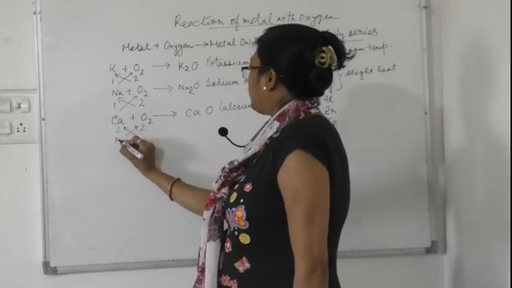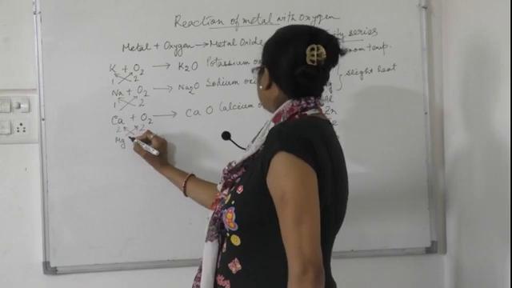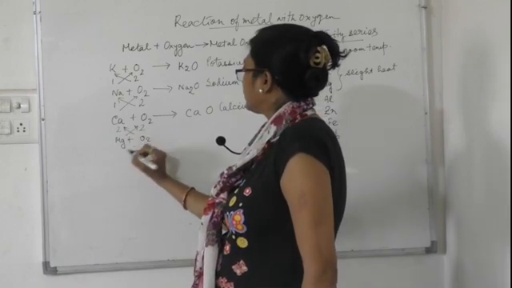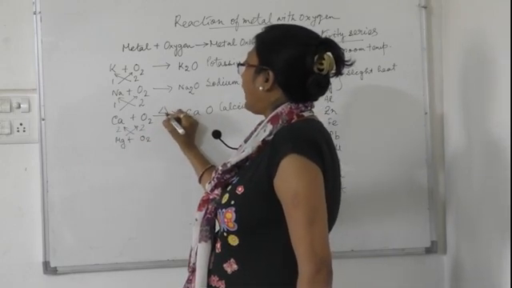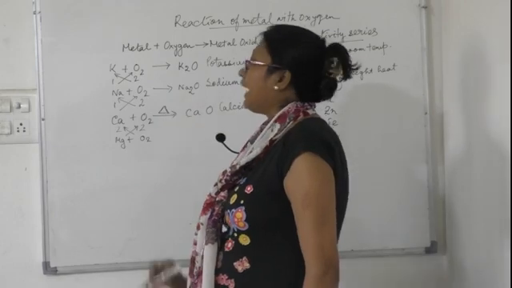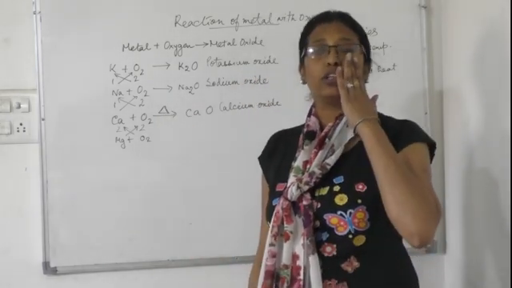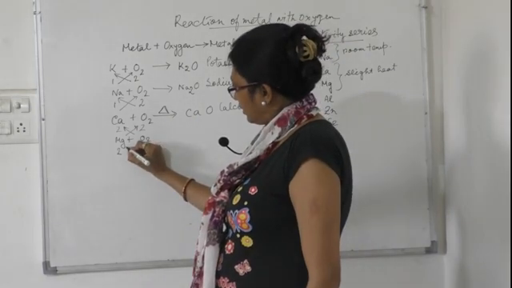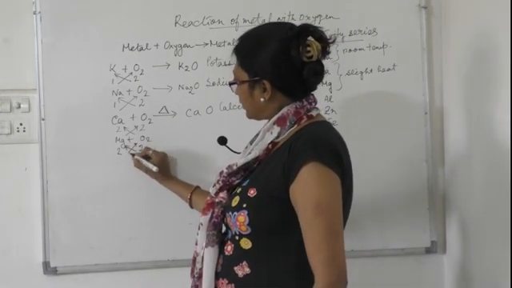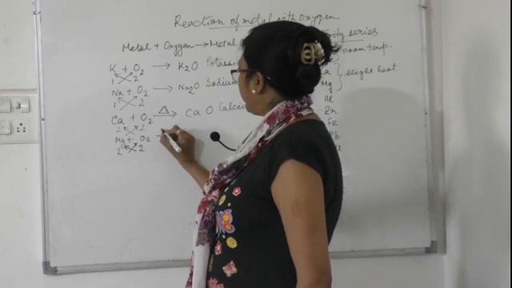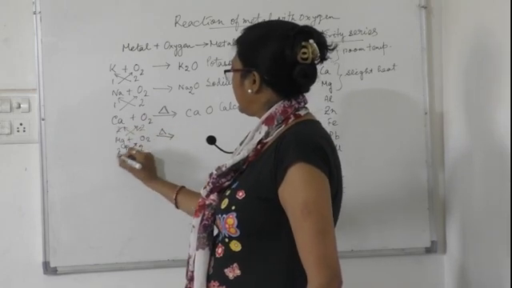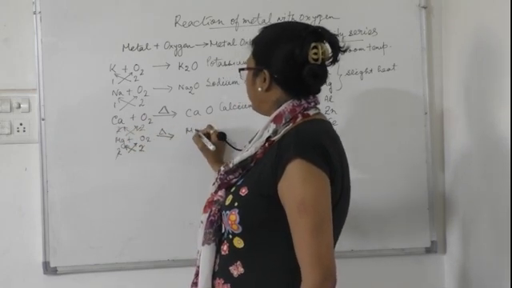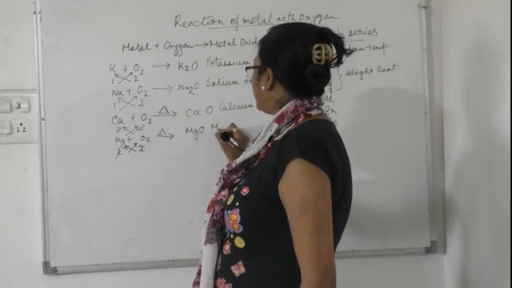And magnesium also needs heat. That is why I am giving the triangle. Triangle is denoting the heat. Magnesium also has valency of 2, so crisscross, it will cancel, and we have MgO, that is magnesium oxide.